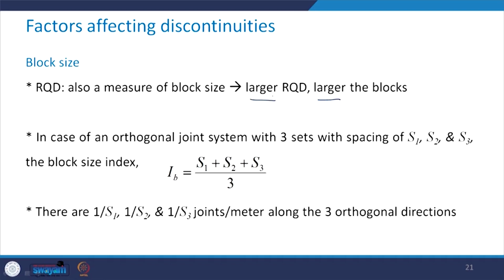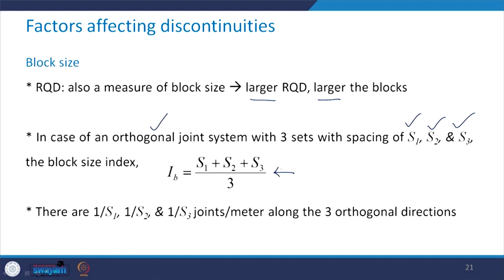In case of an orthogonal joint system, say with 3 sets, when I say orthogonal joint system, it means these 3 joint sets are perpendicular to each other, and say they have spacings of S1, S2 and S3. We can obtain the block size index as the average of these 3.